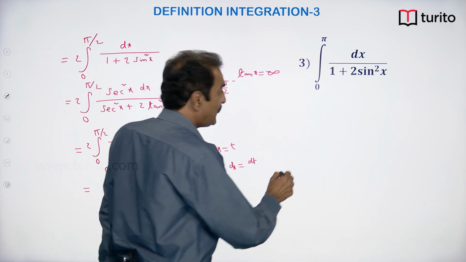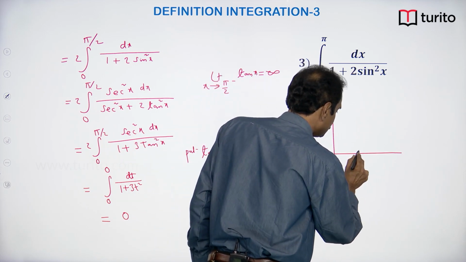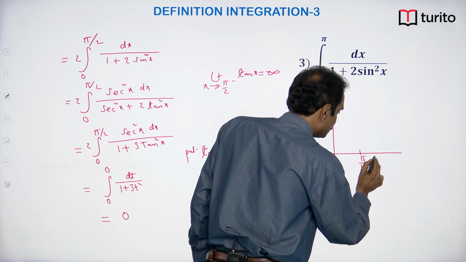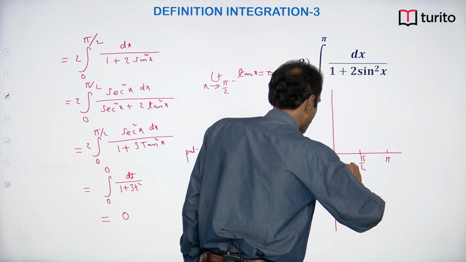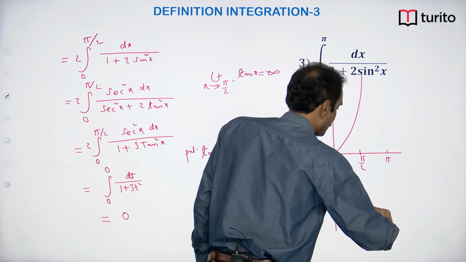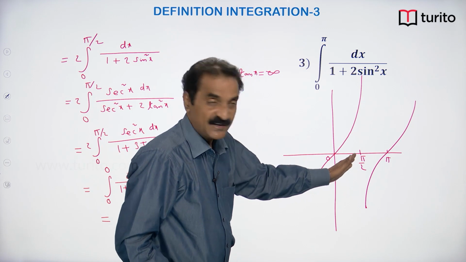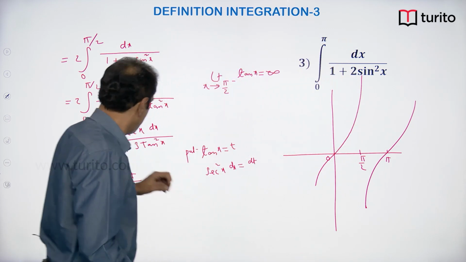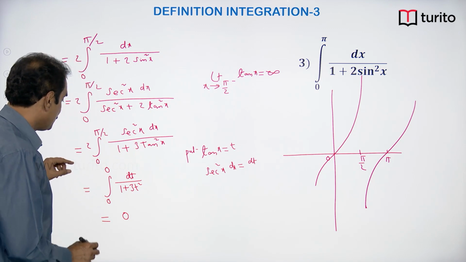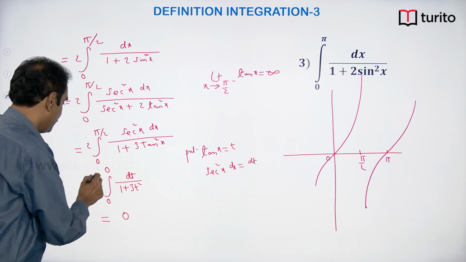If you look at the graph of tan x, it will be like this. If x tends to pi by 2 from the left, tan x is tending to plus infinity. So when x tends to pi by 2, the upper limit will be infinity.